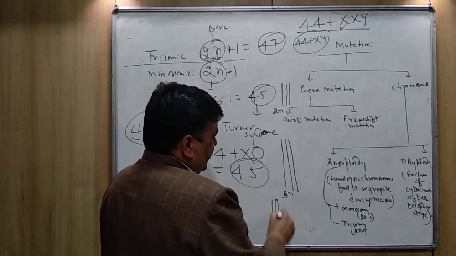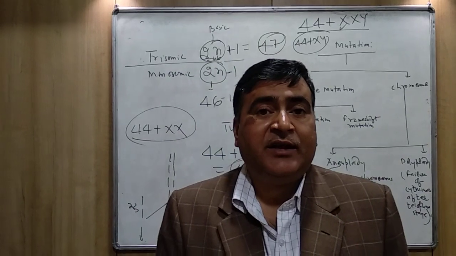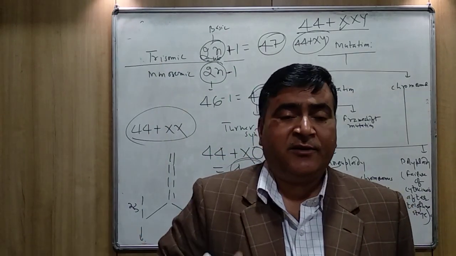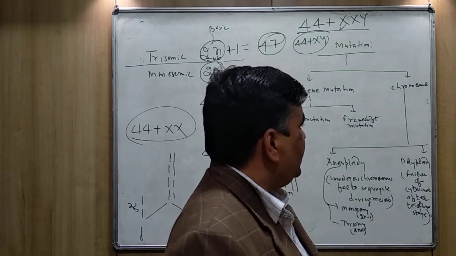If four sets are there, it is tetraploid. If five sets are there, it is called polyploid. More than two sets generally is called polyploidy condition.